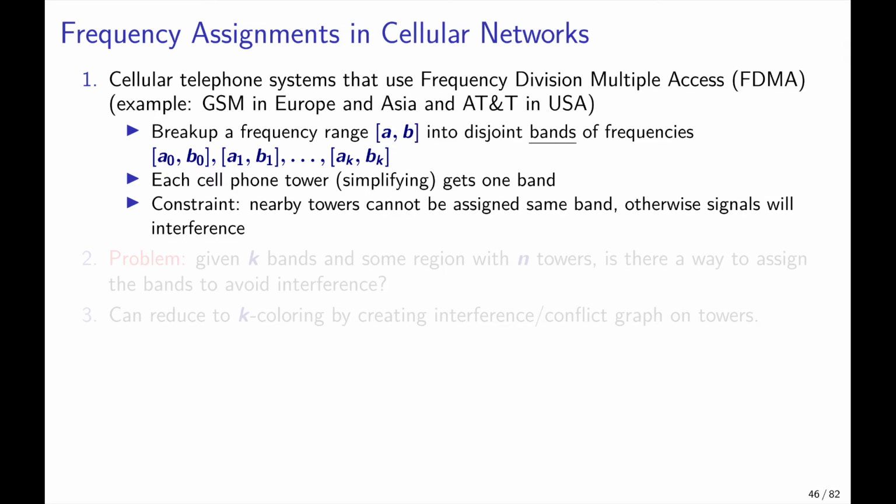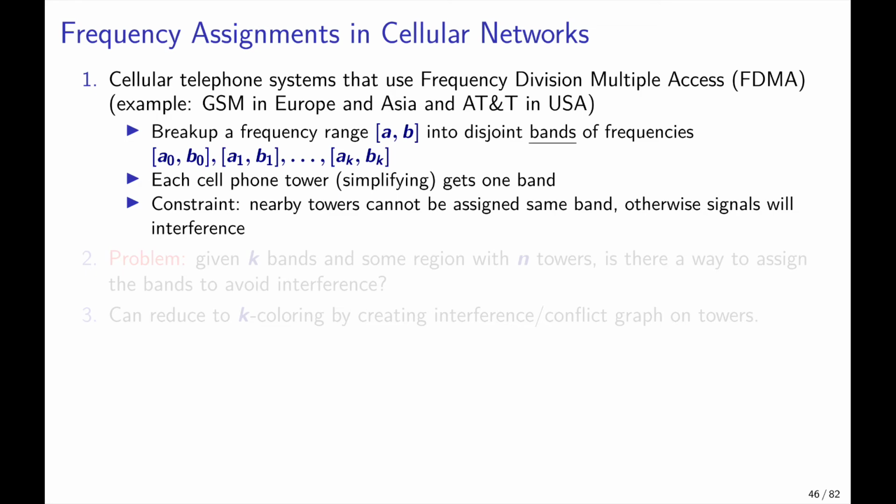Here is another example. You have antennas. Think about them as cellular antennas or Wi-Fi base stations. You want to assign them frequencies such that no client can access two antennas that have the same frequency because they're going to interfere with each other, right? So you know the location of the antennas.